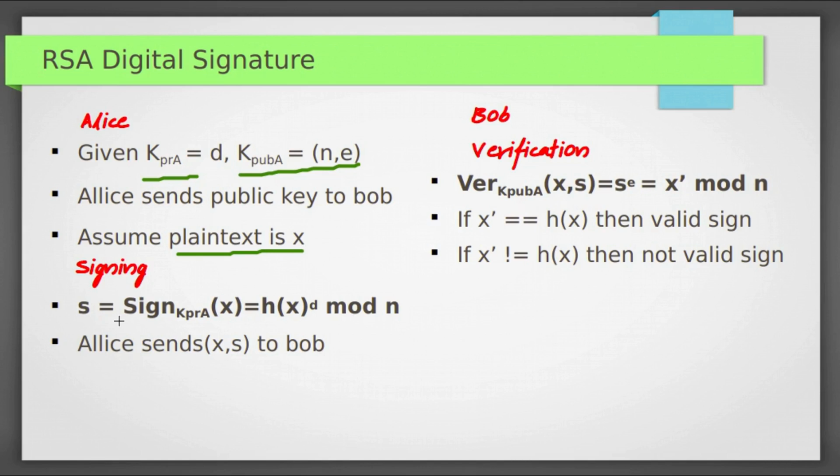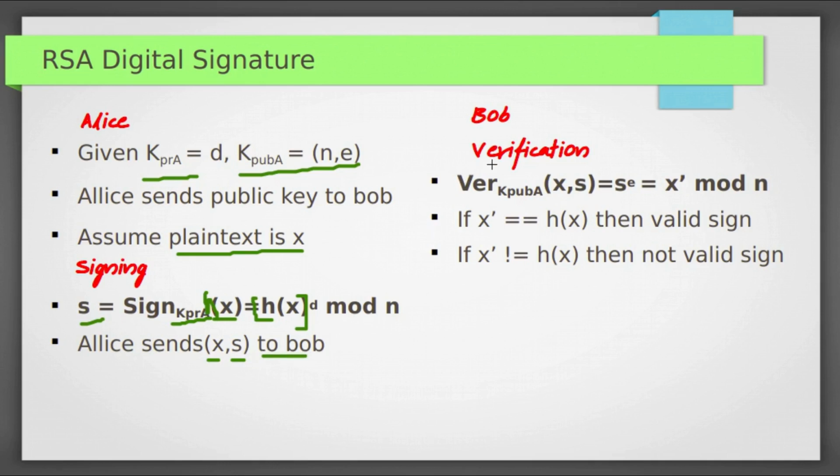Here Alice signs the hash of the message X with her private key, meaning she will calculate h of x power d mod n. The result will be the signature S. Alice sends the document and its signature to Bob.